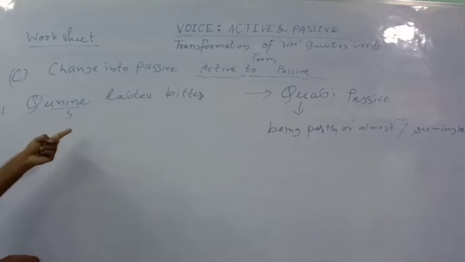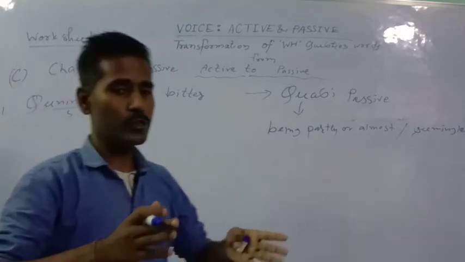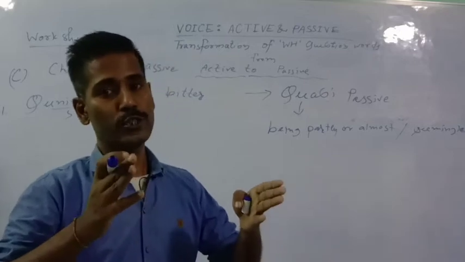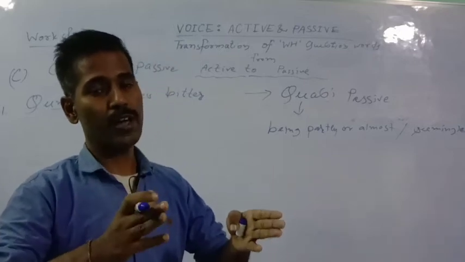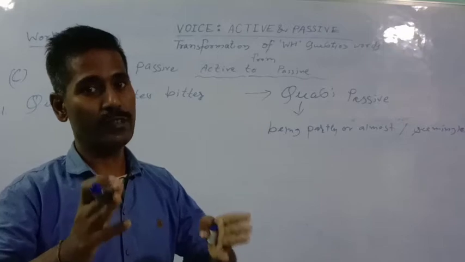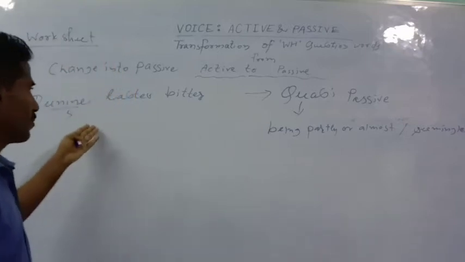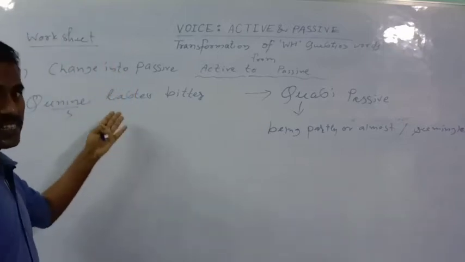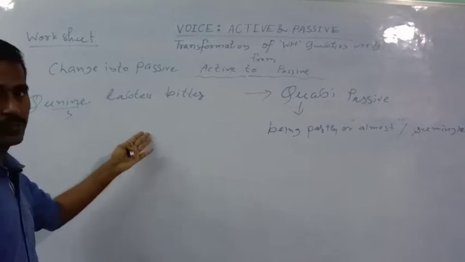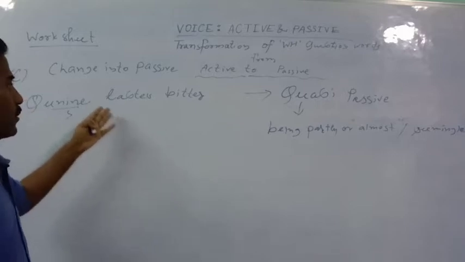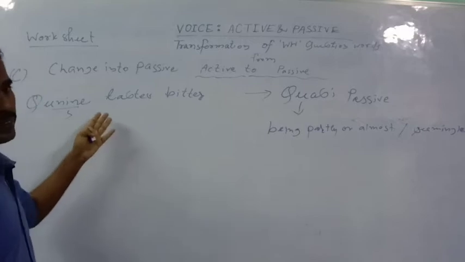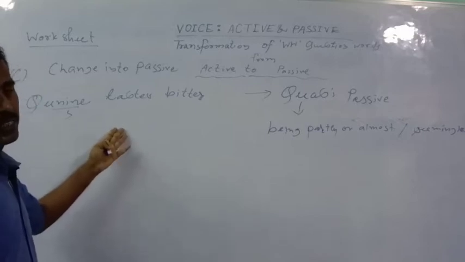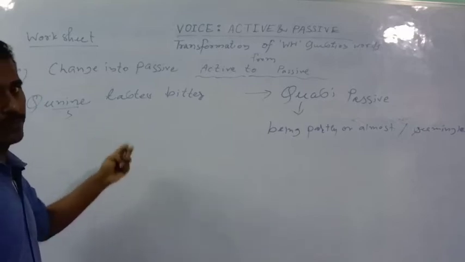But from the form, to be passive we know there must be a be verb, and the be verb must be followed by V3. But here there is no be verb, no V3. Since there is no be verb and no V3, it is active in form, not passive in form.